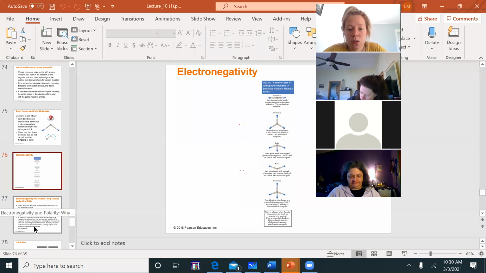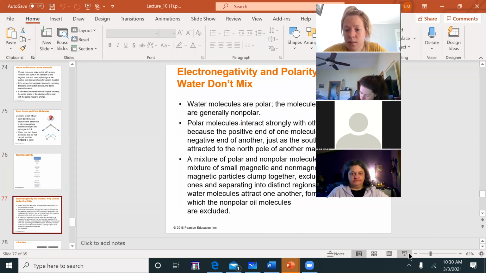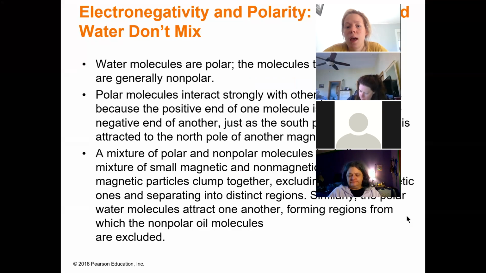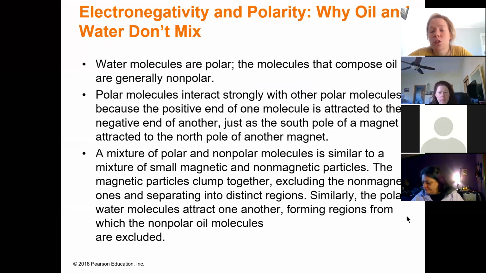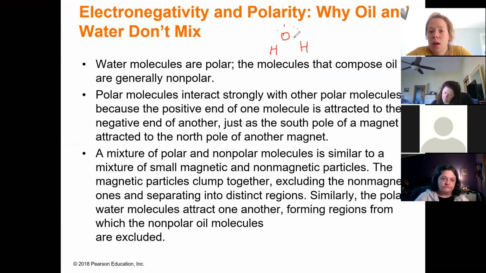So the last thing that I do want to talk about is how this again relates back to oil and water and why they don't mix. So water molecules are polar. If I draw the water molecule O, H, H, again, the electrons like to hang out over here.